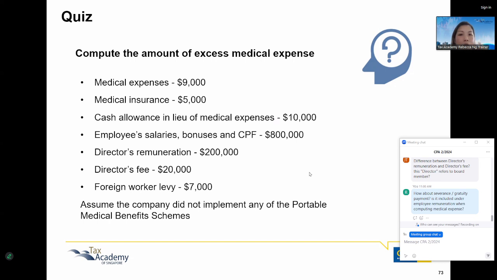I'm not sure if you all have the slides. The answer is at slide 203. Do you have slide 203?